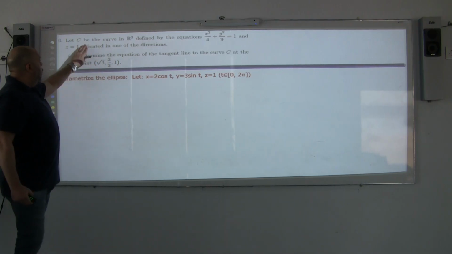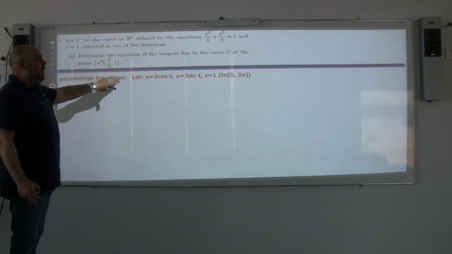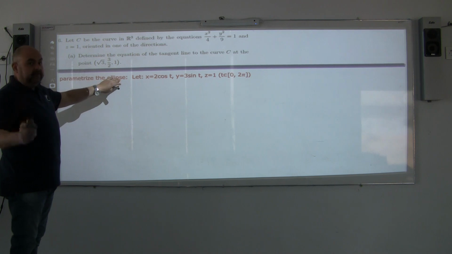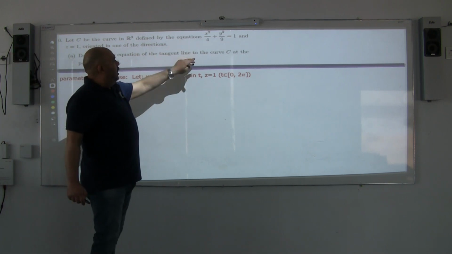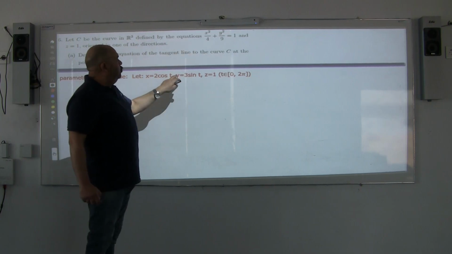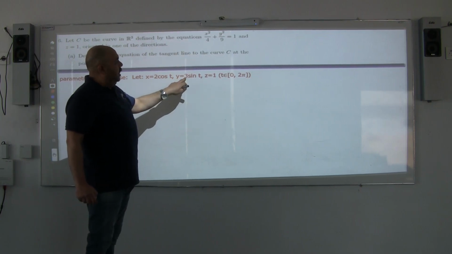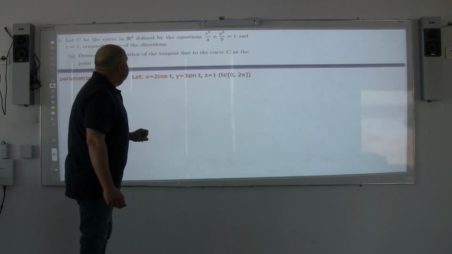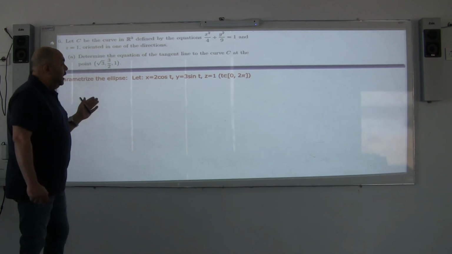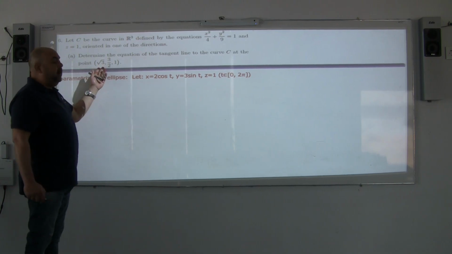So first of all, I'm talking about an ellipse, so I can parameterize it. As I told you, it's very important to go through parameterization. So it's going to be x equal to 2 cosine t, y is 3 sine t, and z equal to 1. But the main issue is to determine actually the value of t within these boundaries.